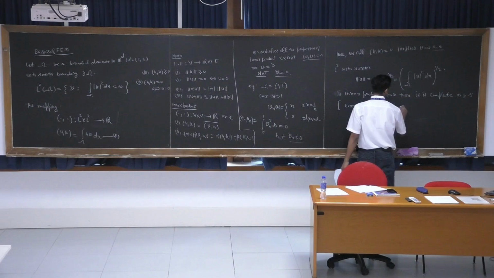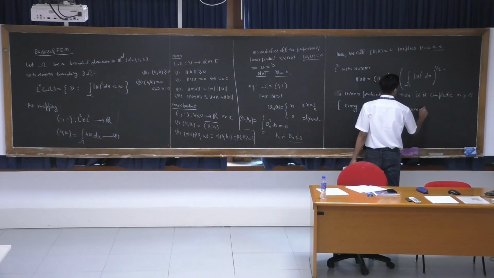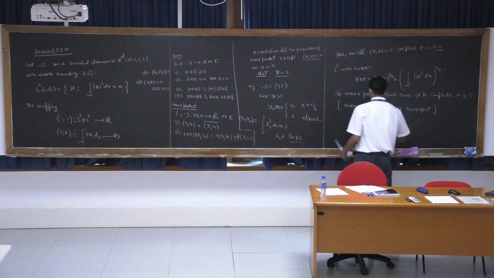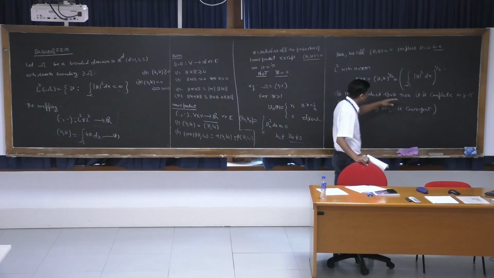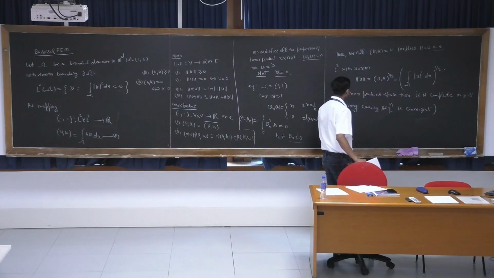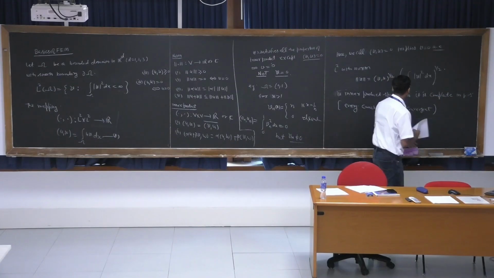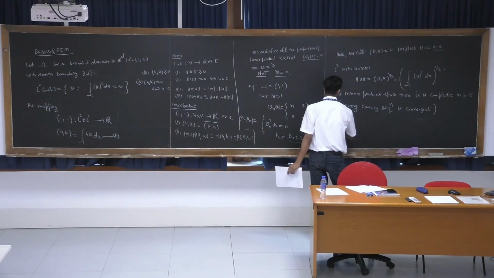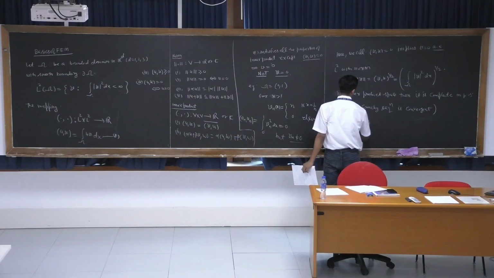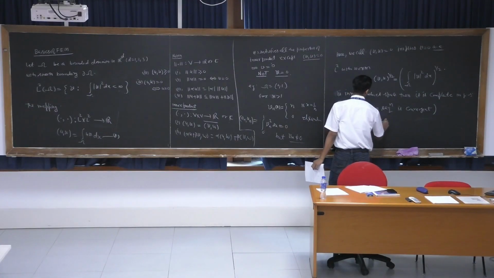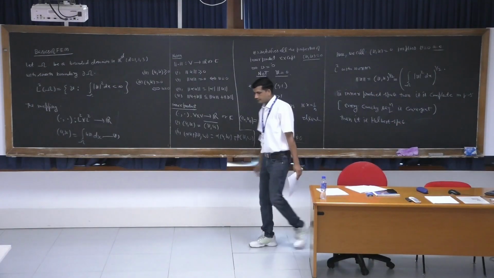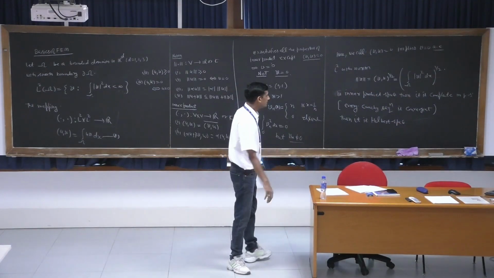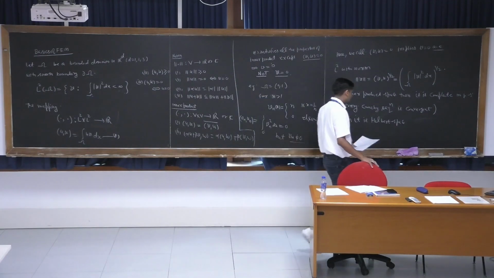Every Cauchy sequence is convergent. With this norm and this inner product, first it becomes an inner product space, and if it is complete, then it is called a Hilbert space. So if an inner product space is complete, then it becomes a Hilbert space.